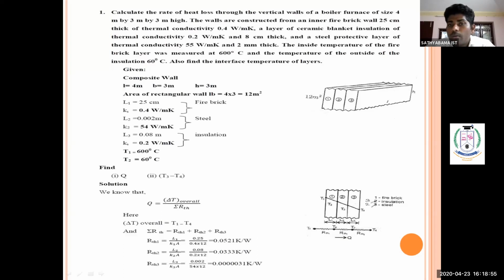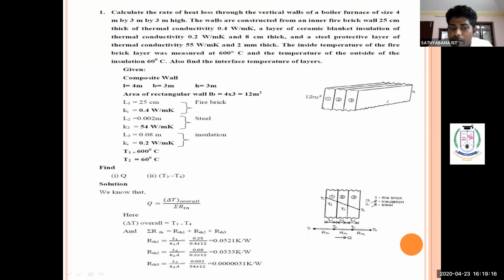See, all these problems, whether 3 layers, 4 layers or 5 layers, are simple problems. We need only one thing: heat transfer Q equal to del T divided by R. Del T means the temperature difference, R is the thermal resistance. The thermal resistance formula is length divided by thermal conductivity into area.